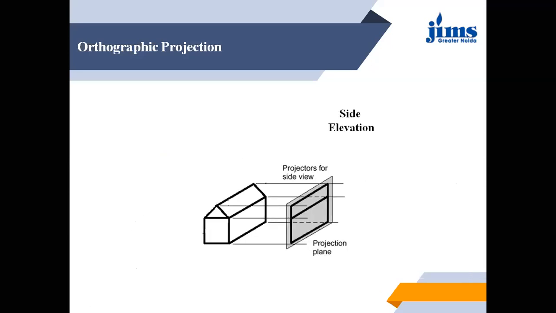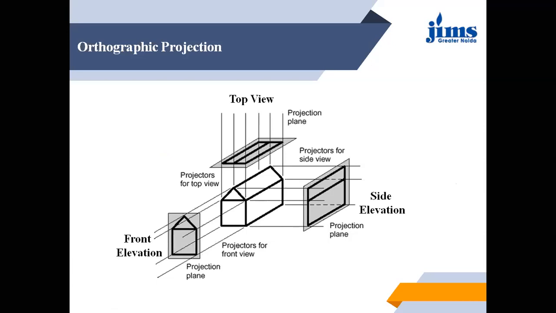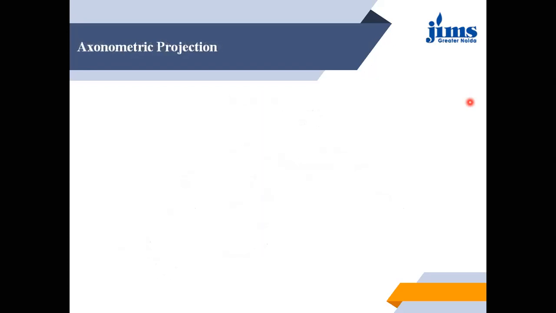So when we combine all these elevations, all these projections, then it will be like this. This is for the top view, this is for the front elevation, and this is for the side elevation. So this was all about the top view, front elevation, and side elevation of the orthographic projection.